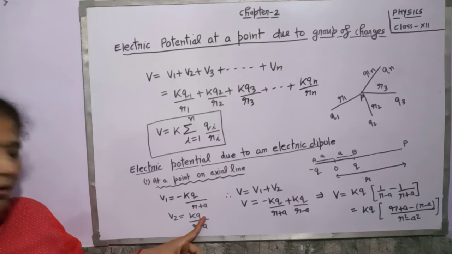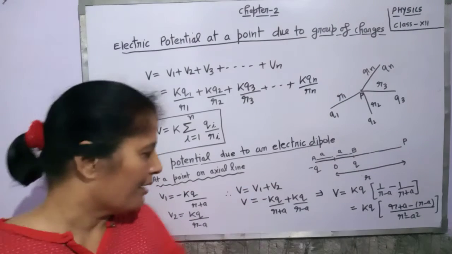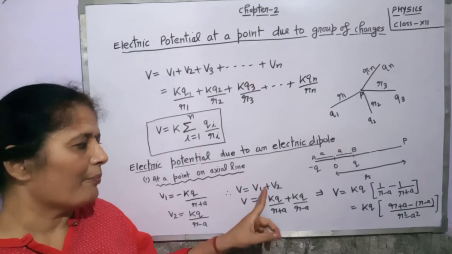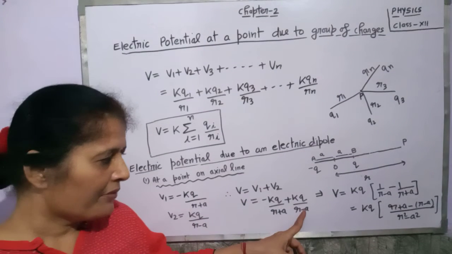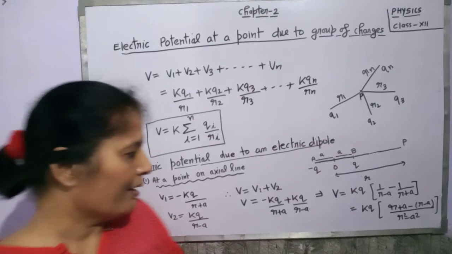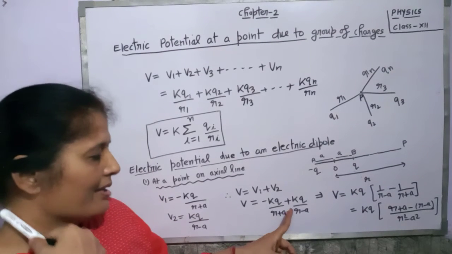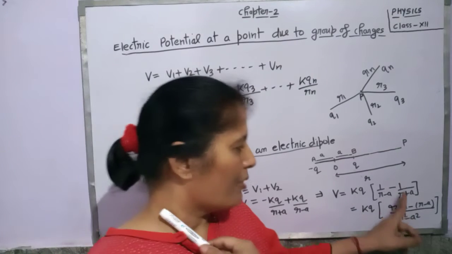It is positive because Q is positive. Now the net potential at point P becomes V is equal to V1 plus V2. Substituting these two values, kQ comes outside the bracket. I have written this term first: 1 upon r minus a, minus 1 upon r plus a.